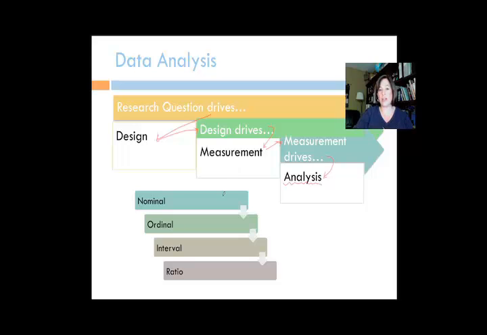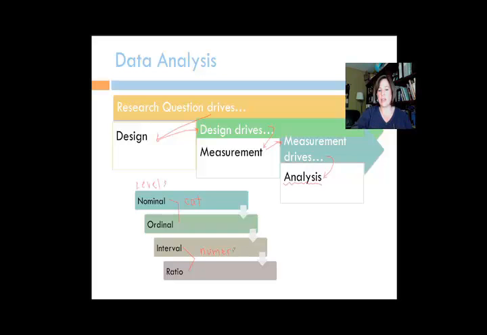So let's do a little review on nominal, ordinal, interval, and ratio. These are the levels of measure. You should recognize them by now, with nominal and ordinal being categorical, and interval and ratio being more numerical.